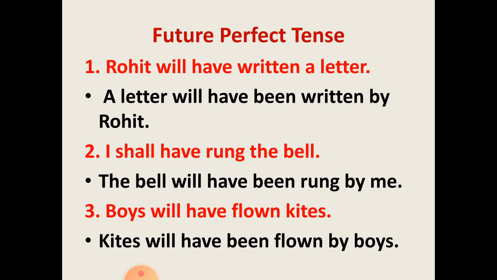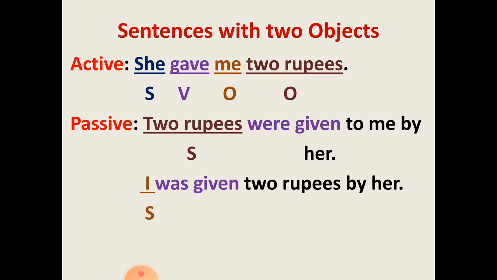Now you need to understand one more thing. In some sentences, two objects are given. Now see how to convert them. The example I have taken: she gave me 2 rupees. Here she is the subject, gave is the verb, and me and 2 rupees are both objects. In such cases, we can use either of the two objects as the subject. Now see the answer.